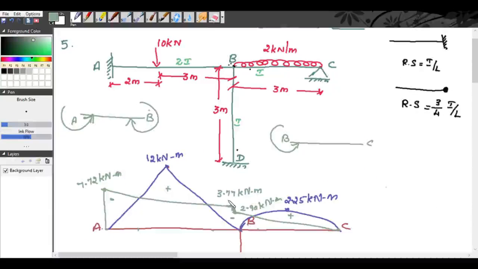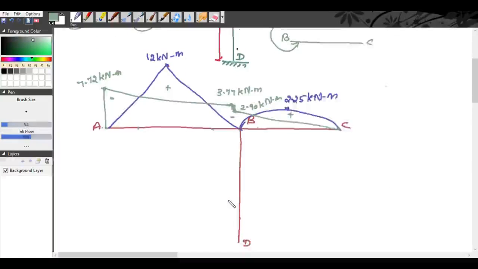So when you are drawing this bending moment diagram, since both are anti-clockwise, BD is like this, right? Okay. So this is B and this is D. So at B it is anti-clockwise.